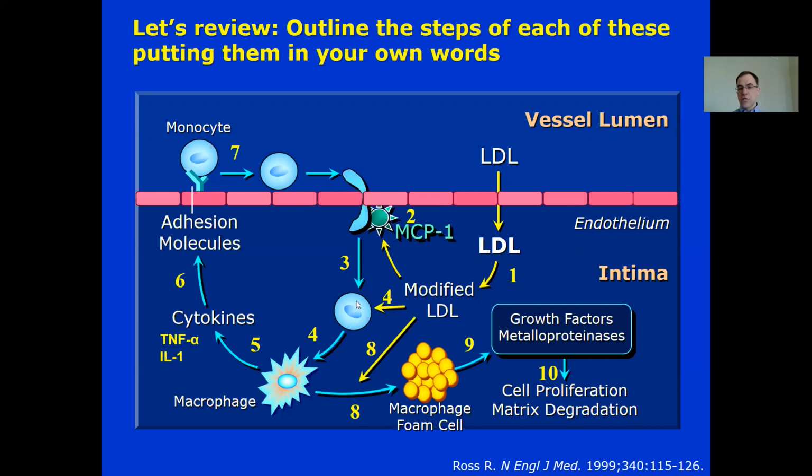And therefore, steps 3, 4, 5, 6, and 7 would be reduced, because fewer macrophages would be produced, with fewer cytokines and adhesion molecules. If you have fewer macrophages, you would have fewer macrophages to take up the modified LDL to form foam cells. So this is important. When I say justify your answer, you need to go beyond just saying increase or decrease, but also tell us how.